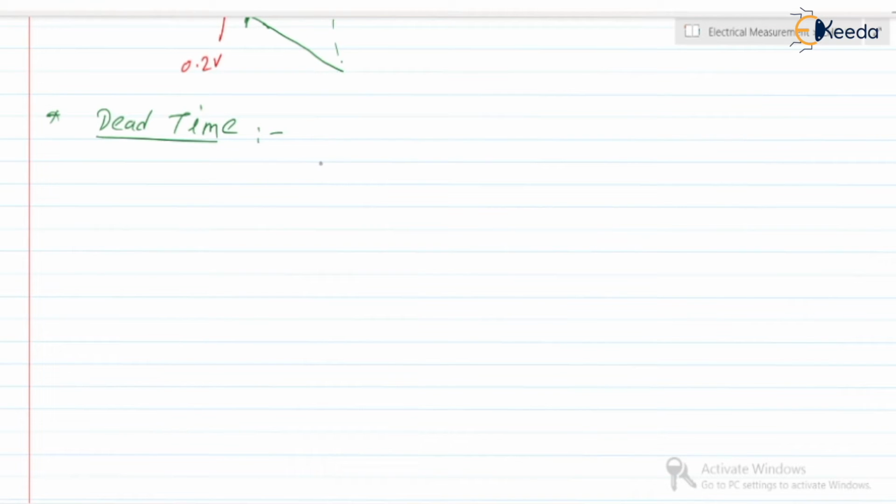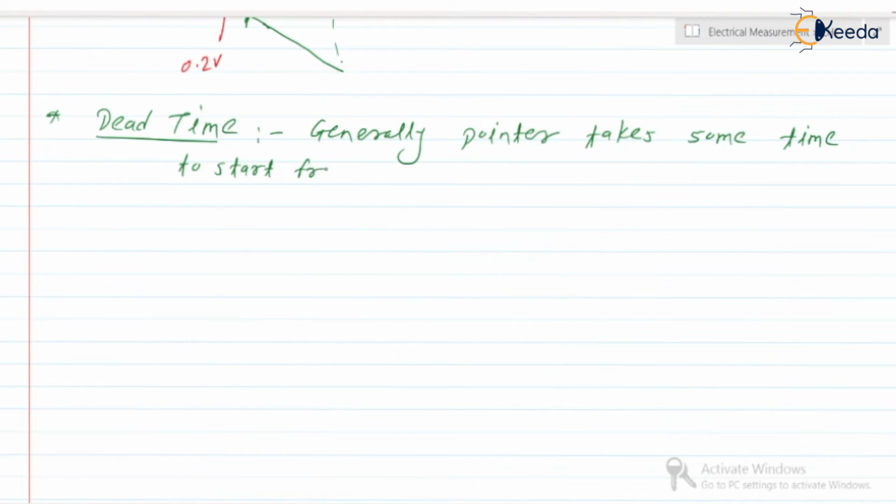So dead time is generally the time the pointer of the instrument takes to start from its initial position, or the 0 position.